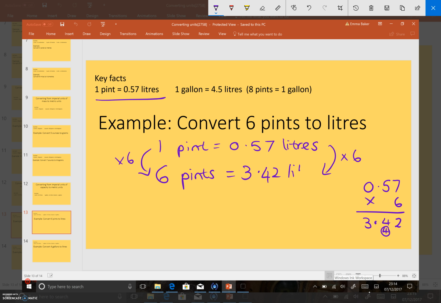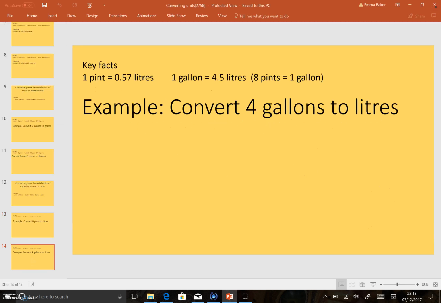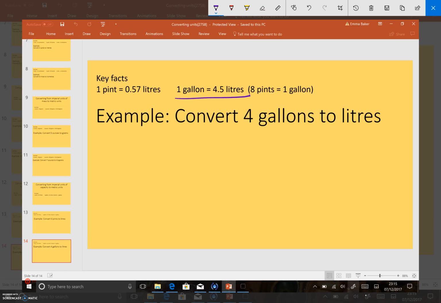So the answer is 3.42 litres. And the very last example I want to show you on converting imperial units is a gallons question. So here we've got 4 gallons to litres. So gallons and litres is going to be this fact here. So 1 gallon is 4.5 litres.